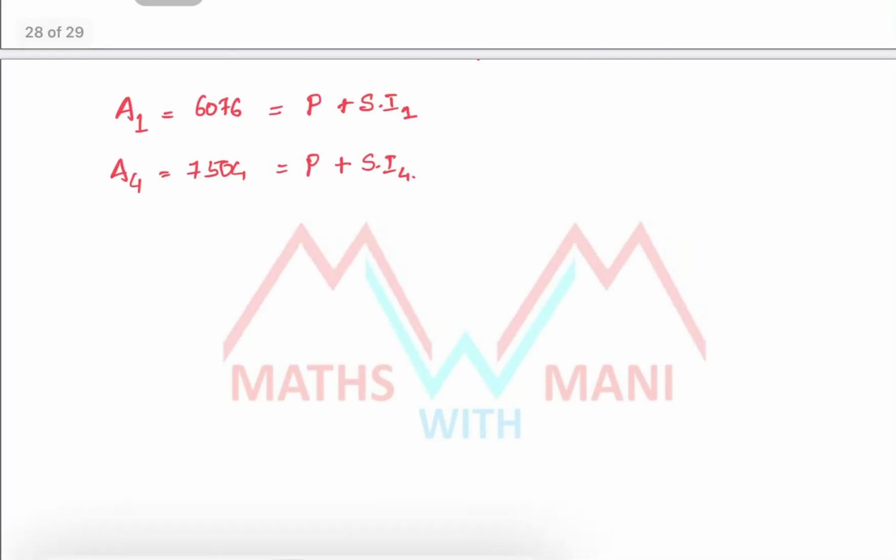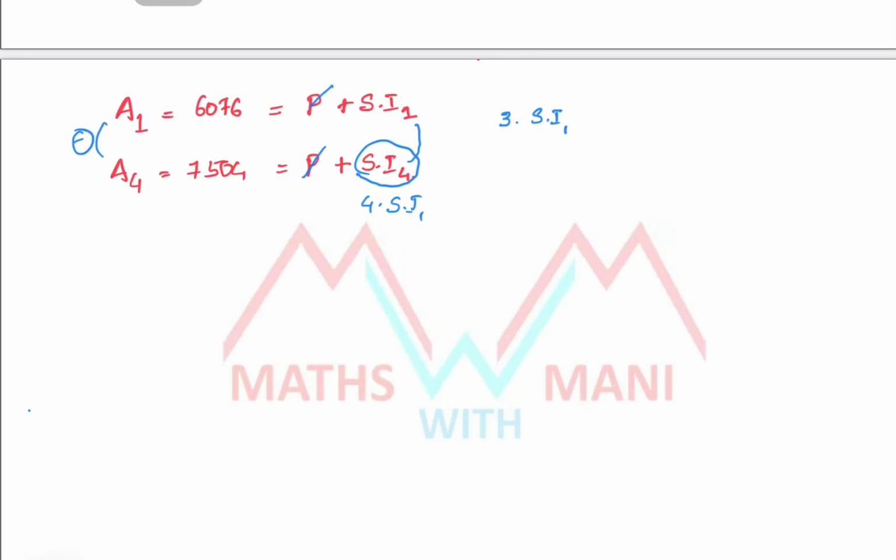Yes or no? So if I take the difference between these two, then P and P cancel, and simple interest for 4 years minus simple interest for 1 year is equal to how much? 3 times simple interest for 1 year. Right? Because simple interest for 4 years is nothing but 4 times simple interest for 1 year. It is not compound interest, it is simple interest.